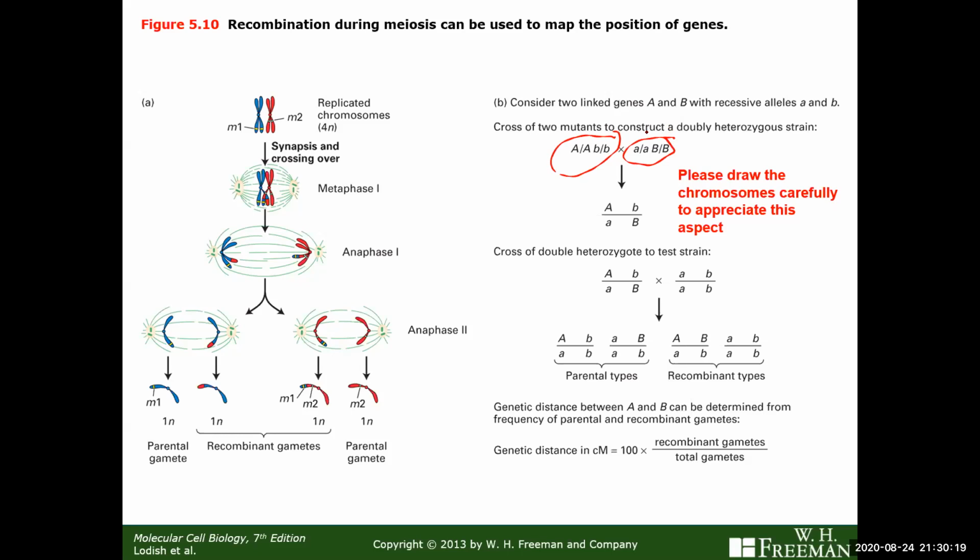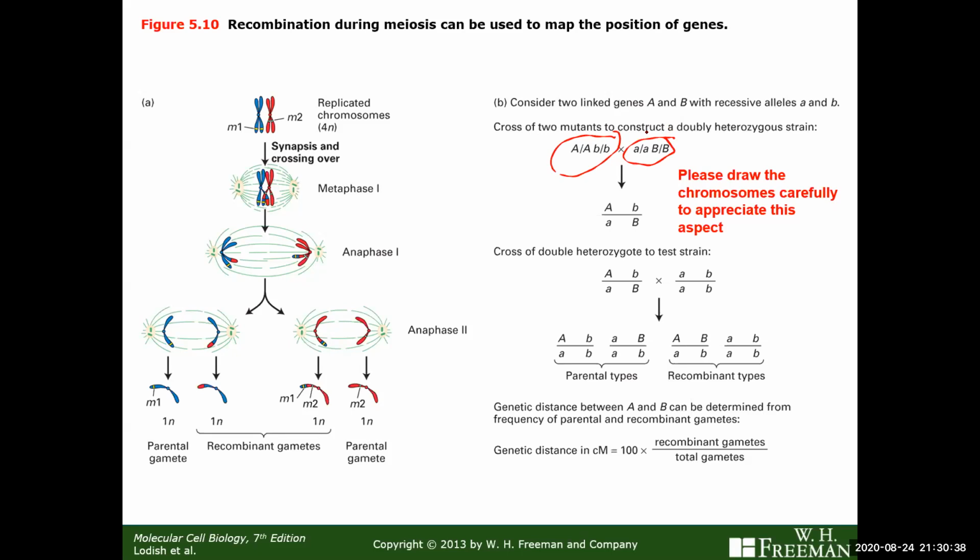Just for the sake of it, I'll tell you that A and B in this particular example are on the same chromosome. Because if they are on different chromosomes, there is no linkage, so it does not matter.